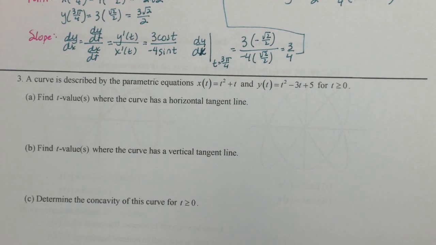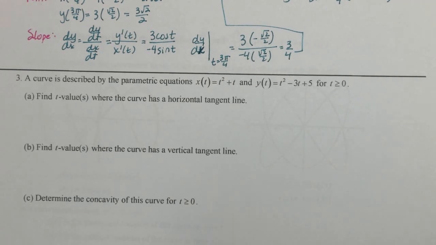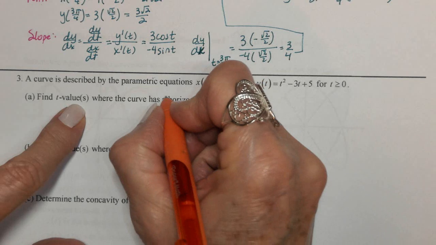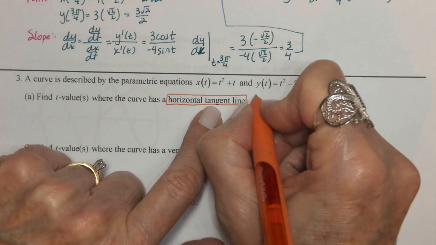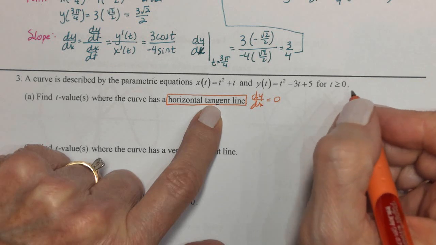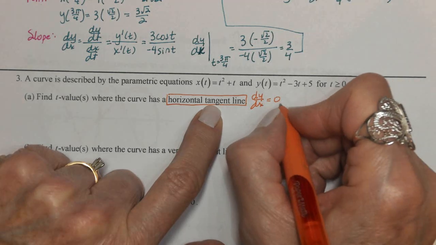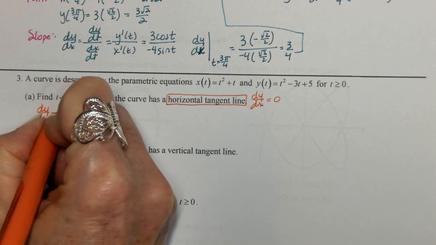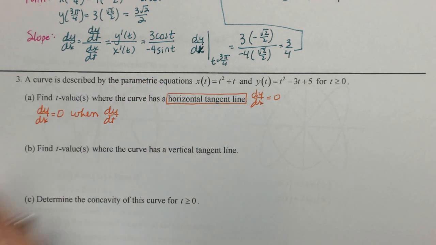Number 3, a curve is described by these parametric equations. We have 3 things to do here. First of all, we're going to find the t-value or values where the curve has a horizontal tangent line. Well, a horizontal tangent line is where the slope is 0. And the slope is 0 when its numerator is 0. Yeah? So dy dx is 0 when dy dt, the numerator, is 0.